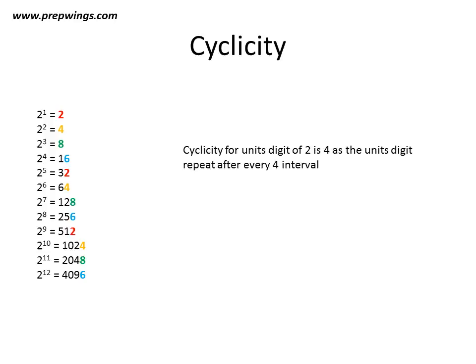Thus, we observe that the units digit of 2 to the power is getting repeated after an interval of 4. Thus, we call the cyclicity of 2 raised to power any number as 4. As an example, 2 raised to power 3 ends in 8. Then 2 raised to power 7 also ends in 8, and 2 raised to power 11 also ends in 8.